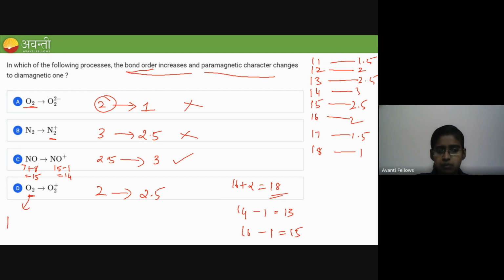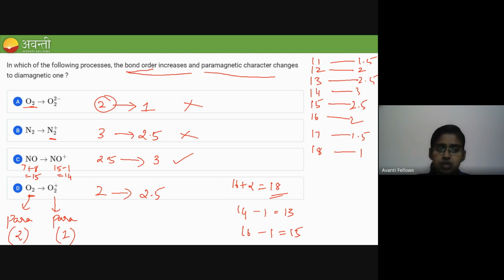O2 is paramagnetic in nature. O2 plus is also paramagnetic, because when you see the molecular orbital energy level diagram, you have two unpaired electrons in O2. But for O2 plus you remove one electron, so one unpaired electron still remains. So both are paramagnetic in nature.